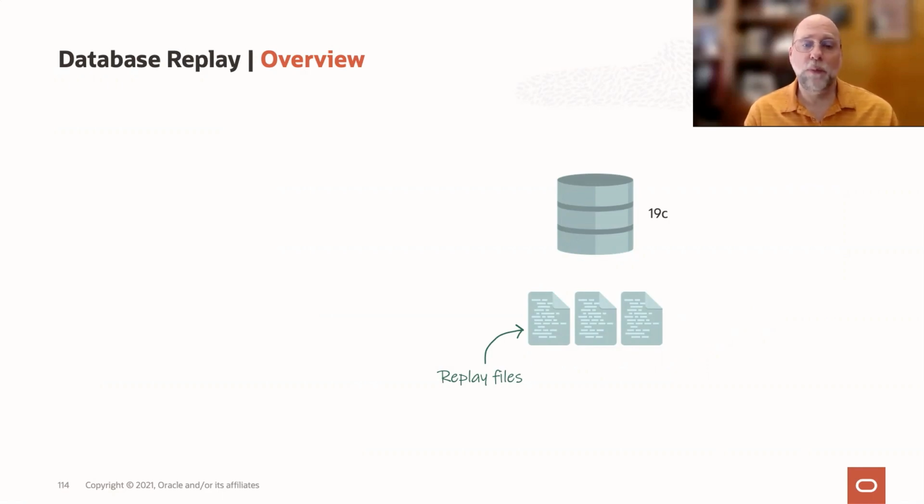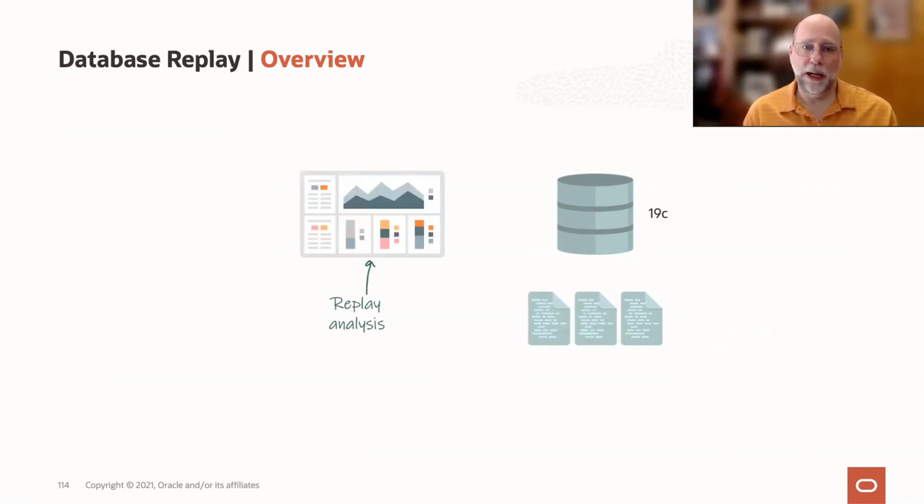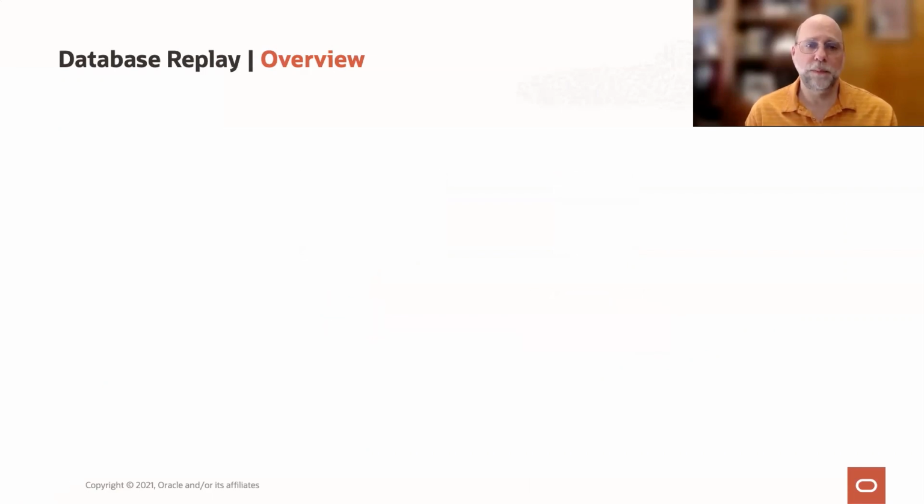Can be very helpful if you want to move to new hardware where you're assuming that you're going to have a higher workload in the future. Then we run through the replay and then we analyze it, giving you a nice report that gives you really useful and insightful information about how your workload will perform in this new environment.